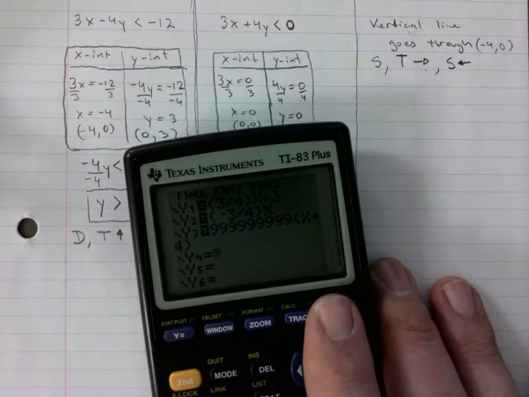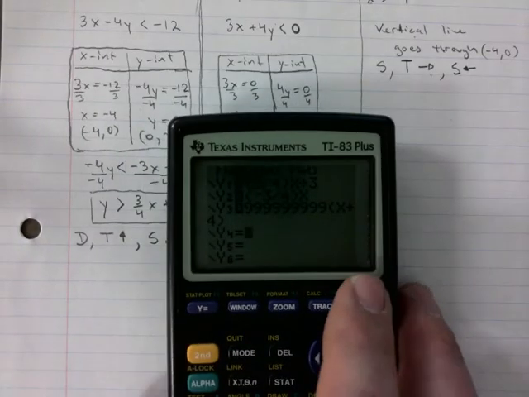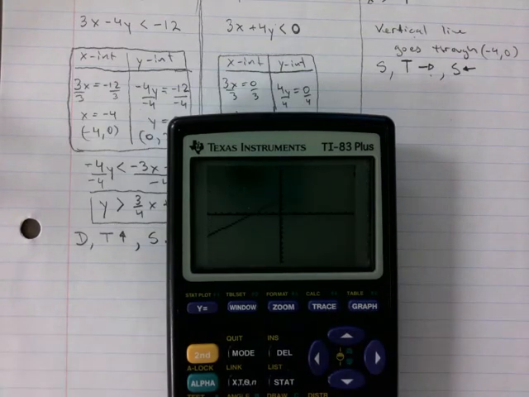I don't know why it works, but it works. We used to always be told you can't do vertical lines. Now we can. Okay, so then hit graph. There's the first, there's the second, and there's my third line.